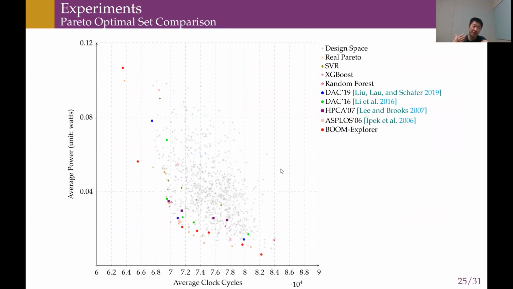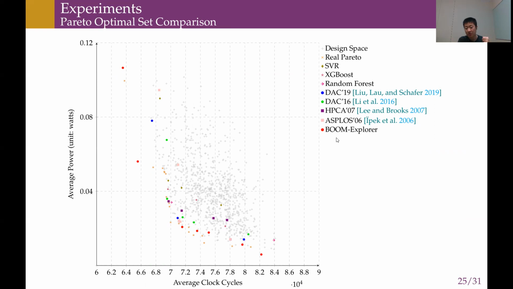So this figure gives the predicted Pareto optimality by different algorithms. The green plus symbol denotes the design space, and the orange cross shows the real Pareto.